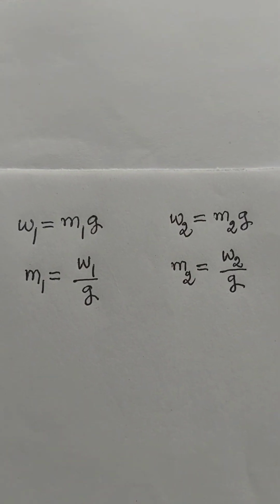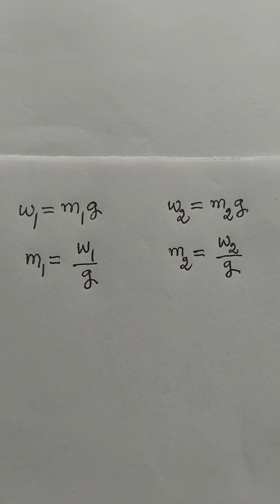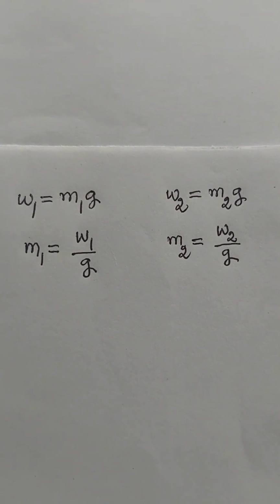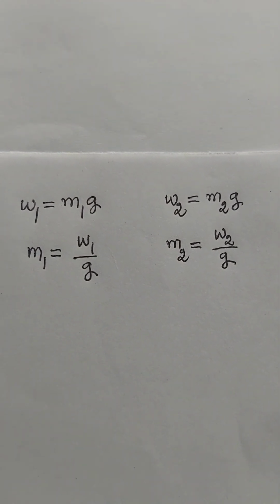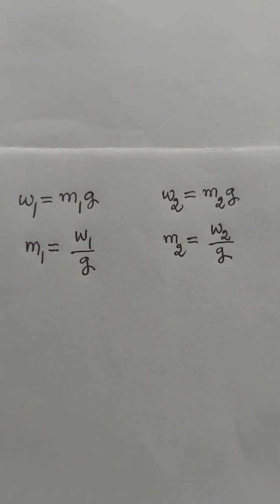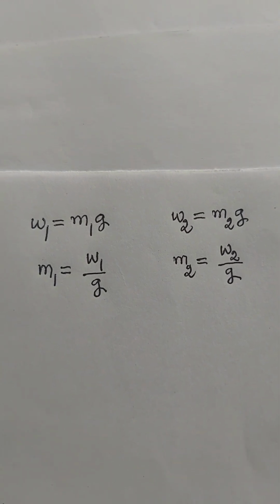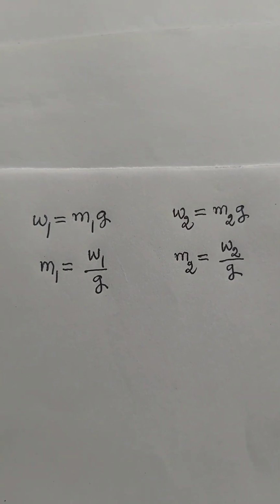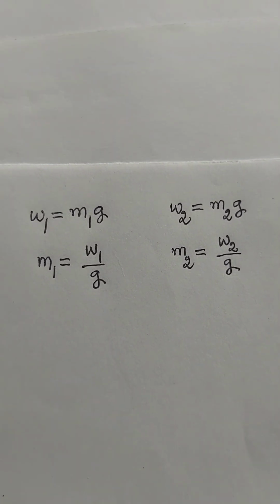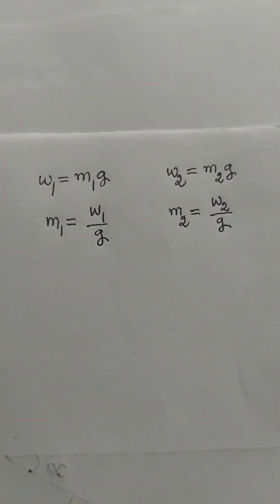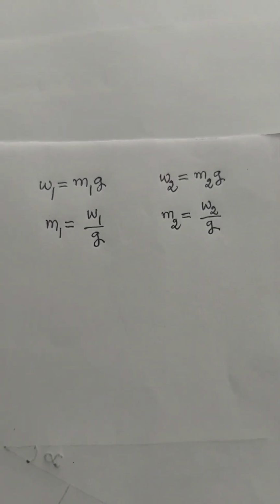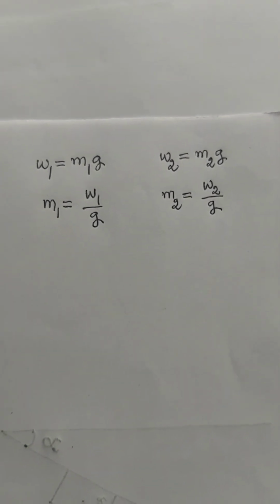The masses of these two blocks are used to find the inertia force generated opposite to the direction of sliding down the inclined plane for each block. When the blocks W1 and W2 move down the inclined plane with acceleration a, the generated inertia force opposite to the direction of motion can be written as mass into acceleration.